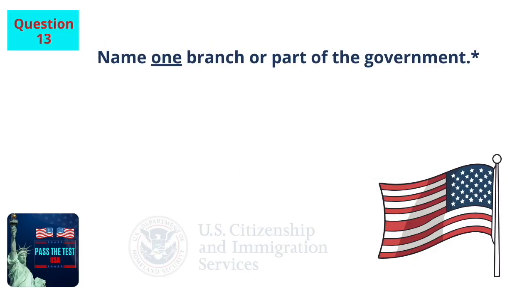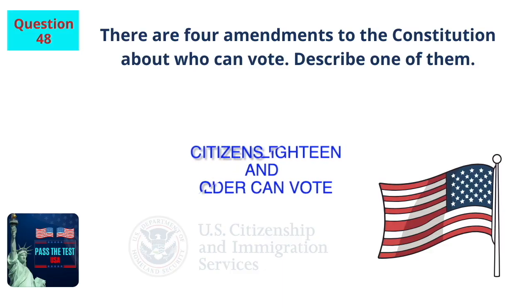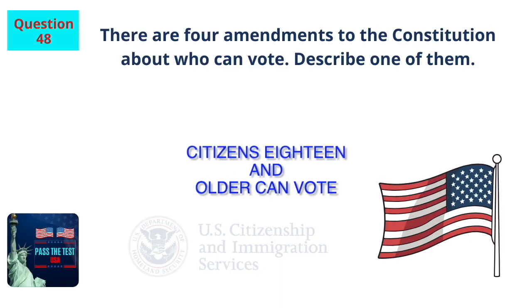Name one branch or part of the government. Congress. There are 4 amendments to the Constitution about who can vote. Describe one of them. Citizens 18 and older can vote.